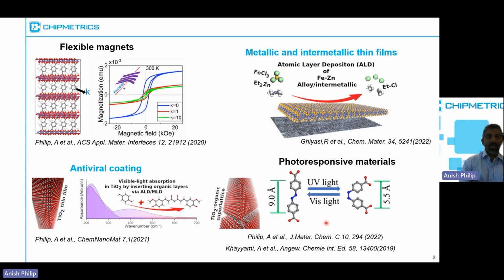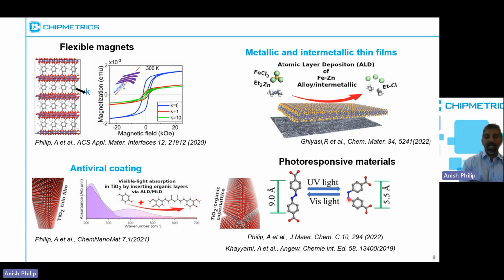Another area where we utilized ALD MLD is photoresponsive materials. We were using azobenzene dicarboxylic acid, which undergoes trans to cis isomerization when we irradiate with UV light or visible light.